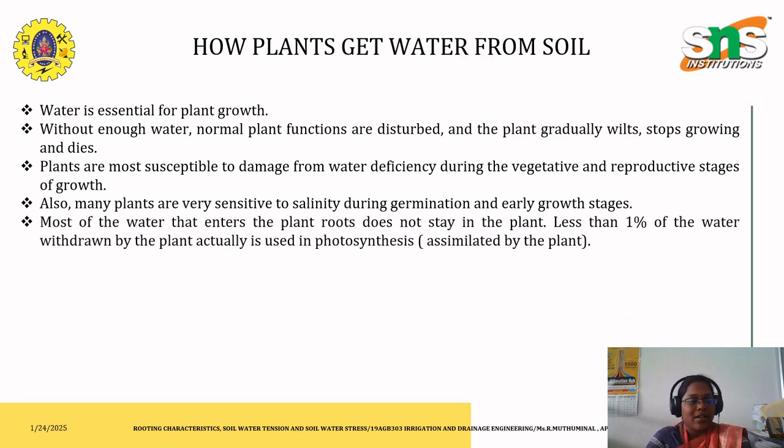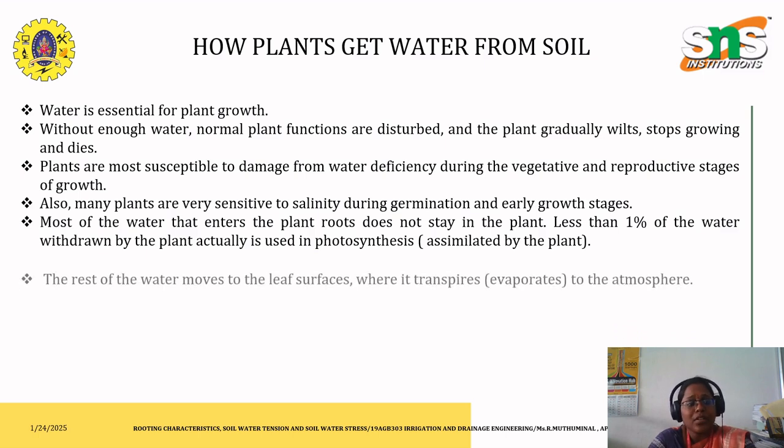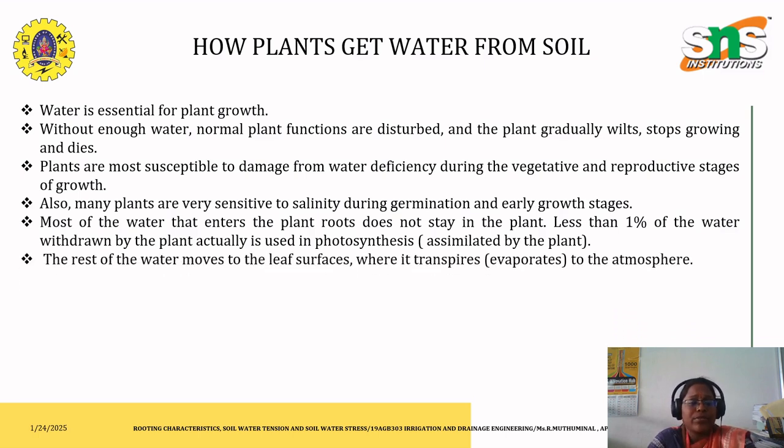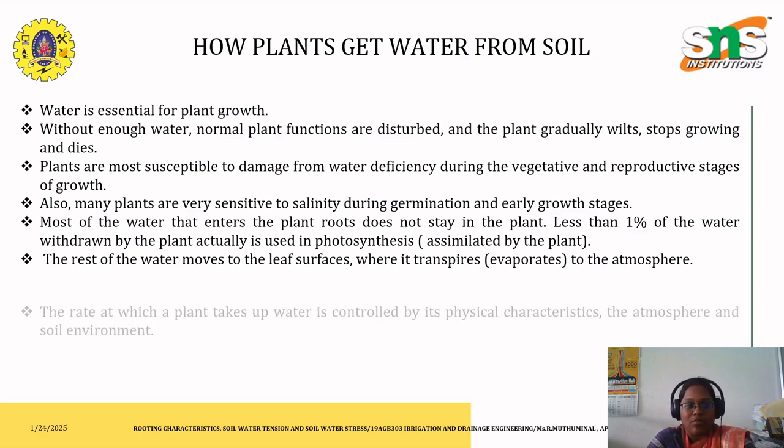Most of the water that enters a plant root does not stay in the plant, and less than 1% of the water withdrawn by the plant is actually used in photosynthesis. The rest of the water moves to the leaf surfaces where it transpires to the atmosphere.